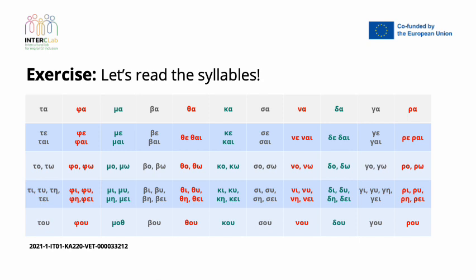What is a syllable? A syllable is the combination of a consonant and a vowel.